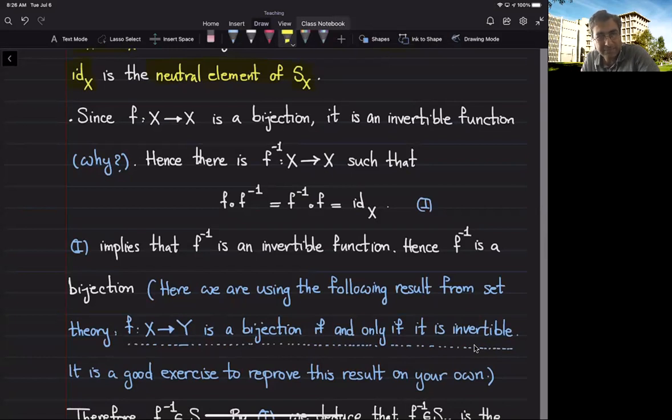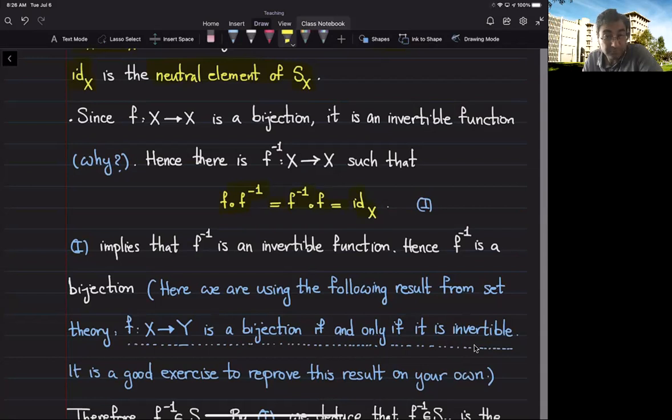So knowing that f is a bijection, we can deduce that there is f inverse from X to X, so that f composed with f inverse is the same as f inverse composed with f, and that's the identity function. That's the same as saying that f has an inverse with respect to the composition as an operation.